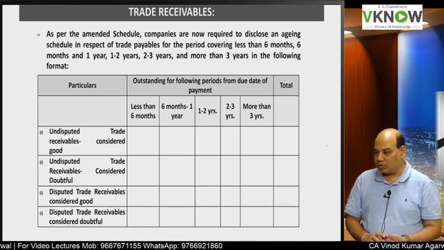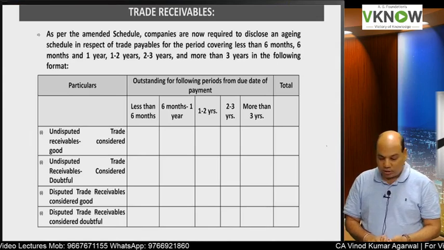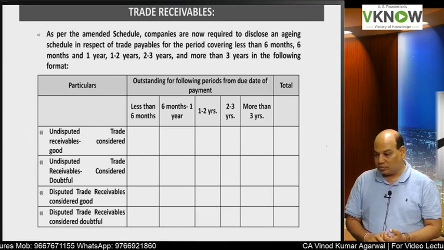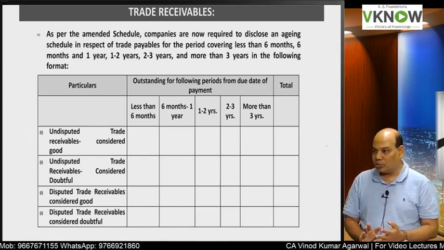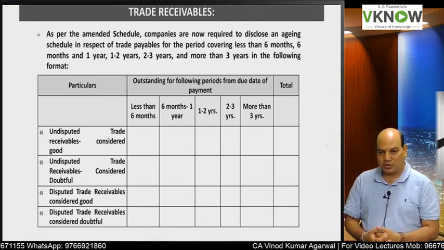Undisputed trade receivable considered good, undisputed trade receivable considered doubtful, disputed trade receivable considered good. There is a dispute, you will pay, but you are not agreeing on some numbers.